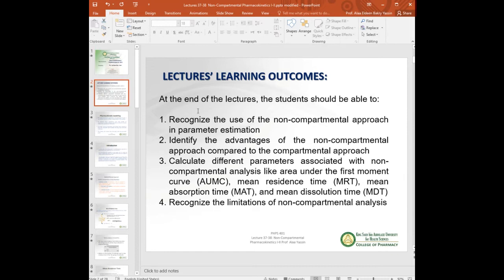Based on the observation, if it fits one exponential, we consider it one compartment. If there is deviation from one compartment, we study the data by fitting them into multiple regression equations.